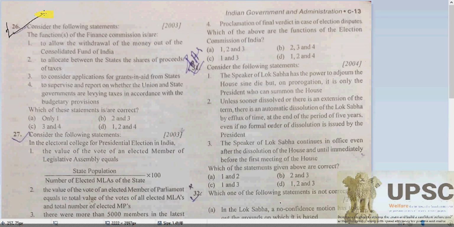So actually it is the Finance Commission that decides. So in question 26, option A can be to allow the withdrawal of money out of the consolidated fund.